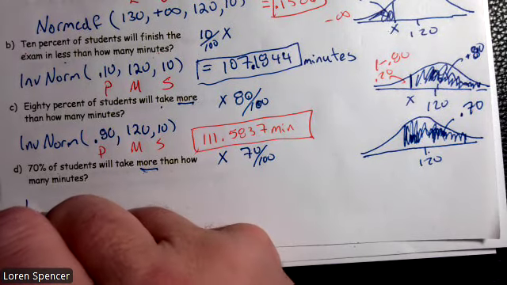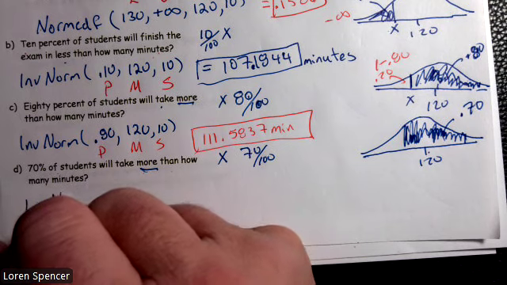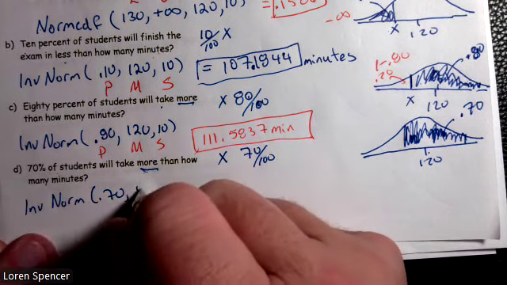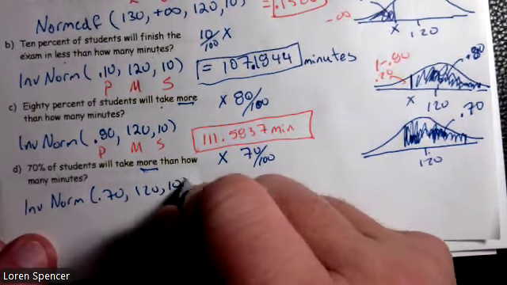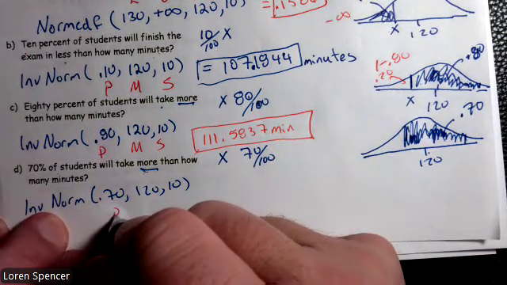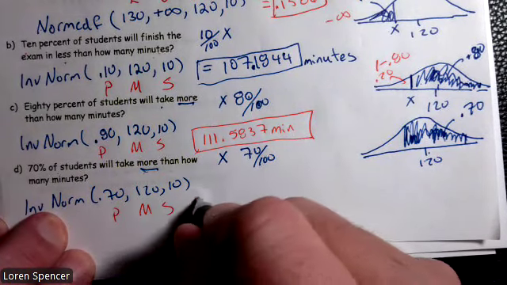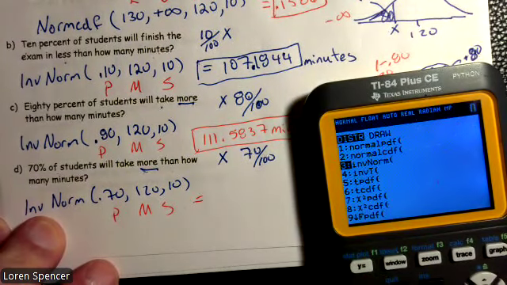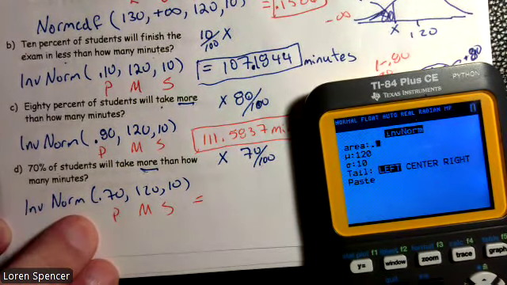So in this case, inverse norm, 0.70, 120, and 10. That's our PMS. Second vars, inverse norm, 0.7, mean of 120, 10.